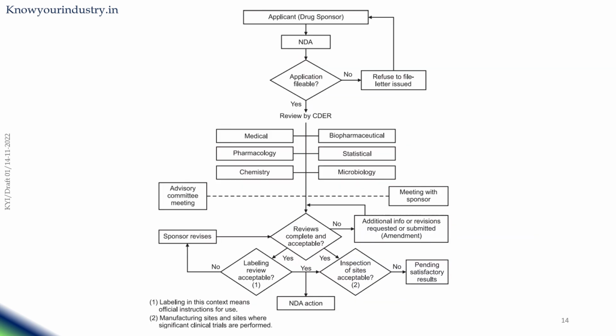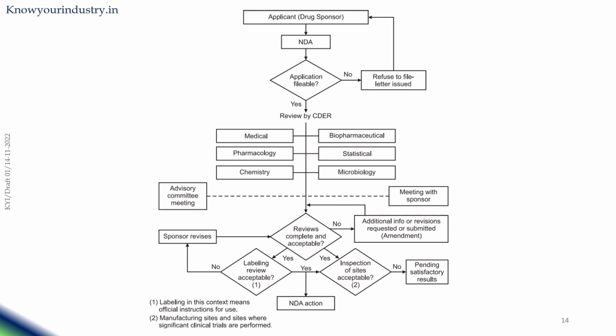In this slide, we have taken an example of NDA submission to the US FDA. How exactly does it go for registration? The applicant files the NDA. It goes for screening. After that, it goes for review by CDER. There are different teams which review the application: medical team, pharmacology team, chemistry team, biopharmaceutical team, statistical or microbiology team.